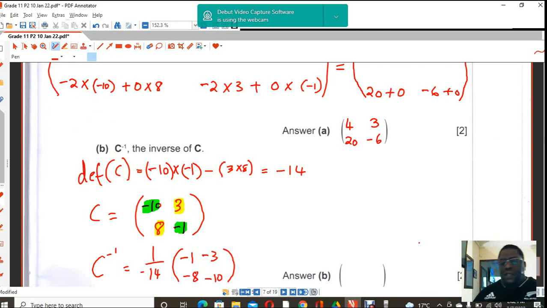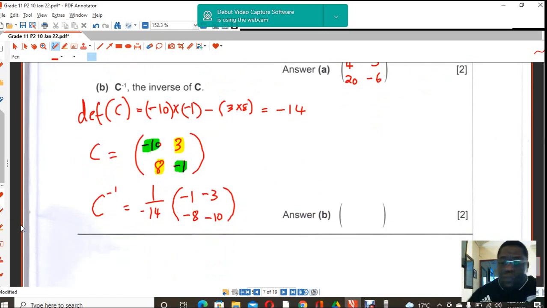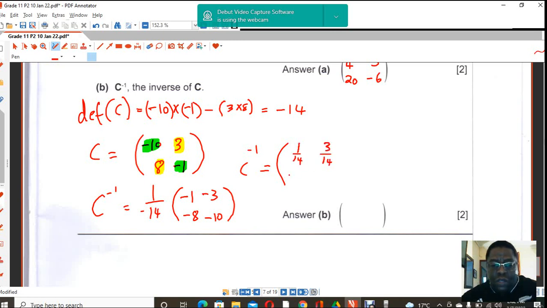Well, you can leave your answer like that, but you can also multiply that -1/14 into each one of them. And when you do that, you are going to get 1/14, 3/14, 8/14, 10/14. Well, now you can actually clean that nicely, because these two at the bottom can be simplified further.